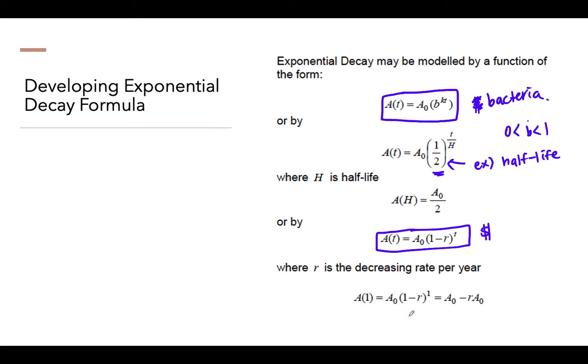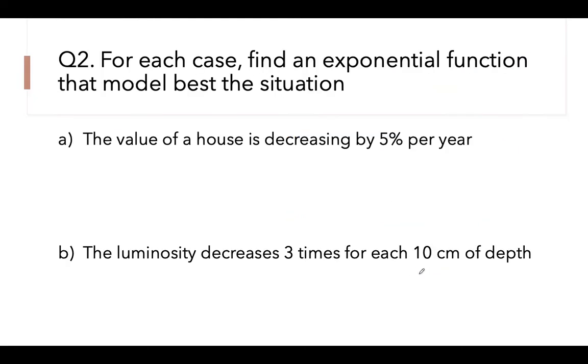Okay, so let's try this. Letter A. The value of a house is decreasing by 5% per year. So it's decreasing, so it's an exponential decay.